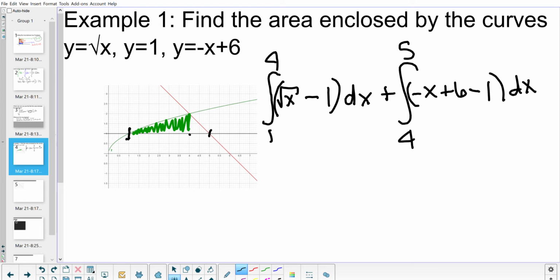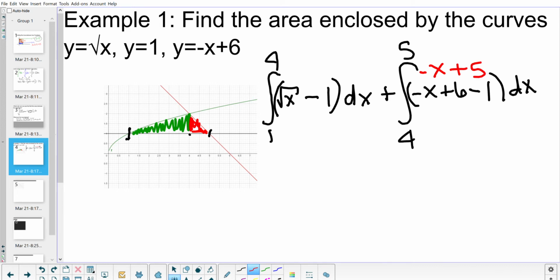Okay, so that will add to my area the rest of it that I need. So these two together will give me my answer. This is going to be a little bit of work because we have to take the antiderivative of each of these, but neither of them are hard, right? That would be negative x plus 5.